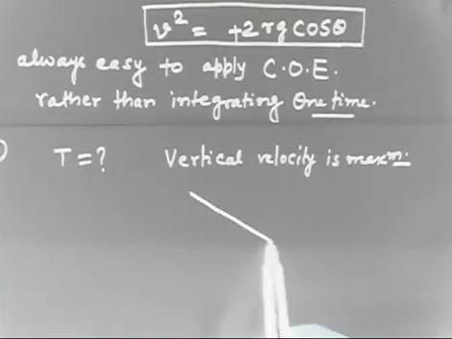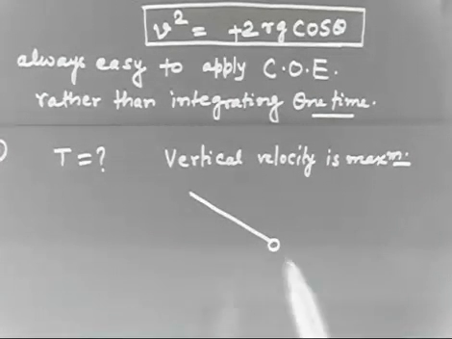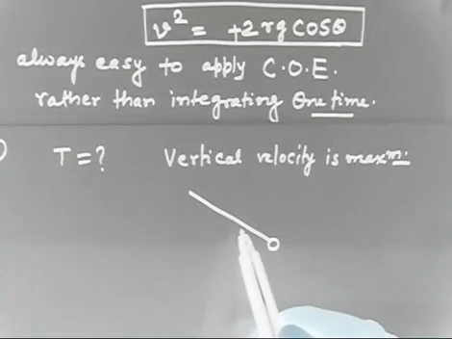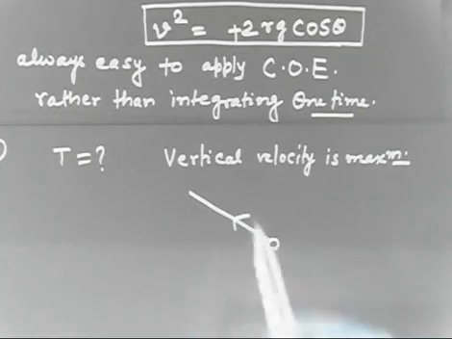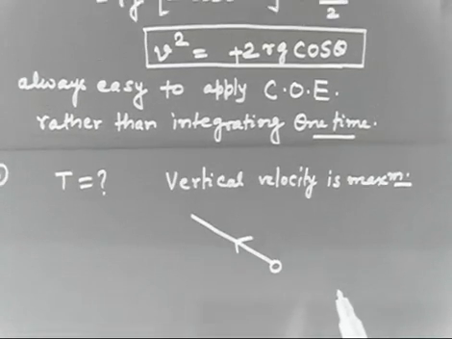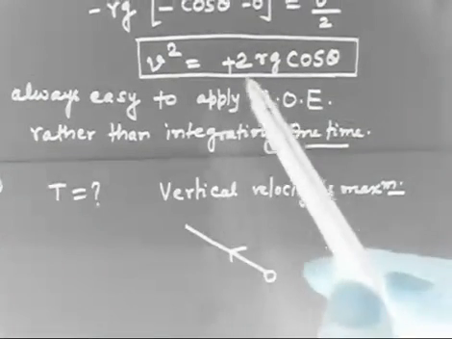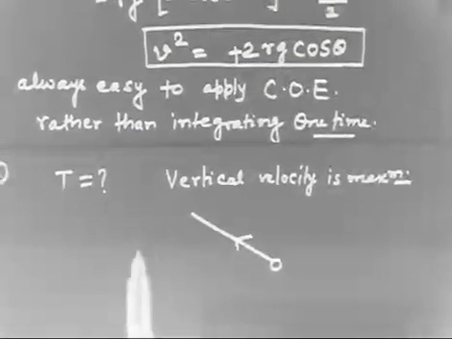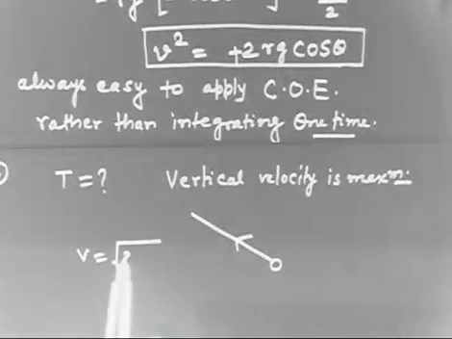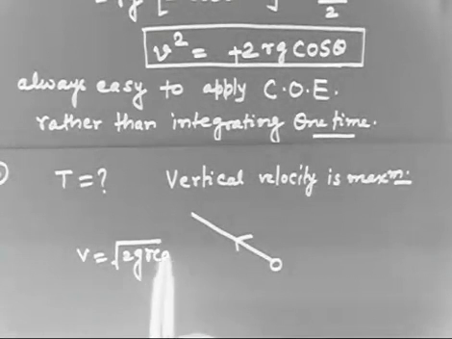You see, at any point of time, this is a sphere, and it has a velocity in this direction. Velocity is given by v square, which we have already derived, equals 2gr cos theta. So v is under root 2gr cos theta.